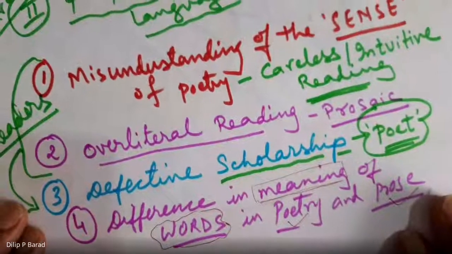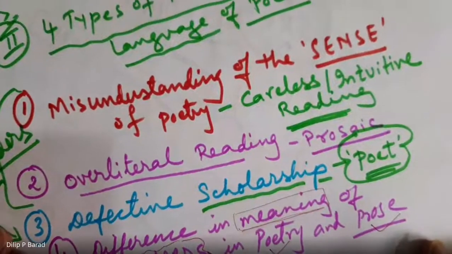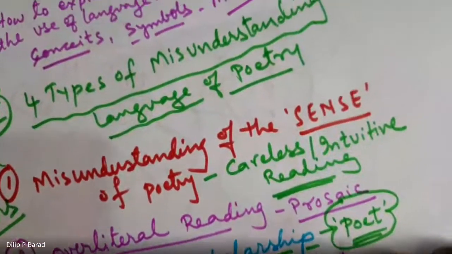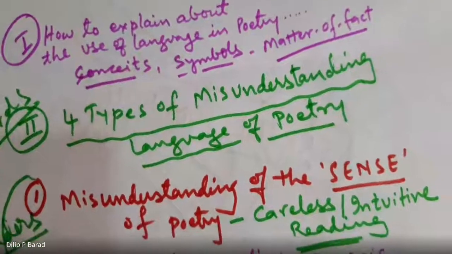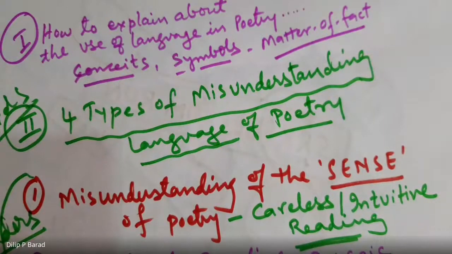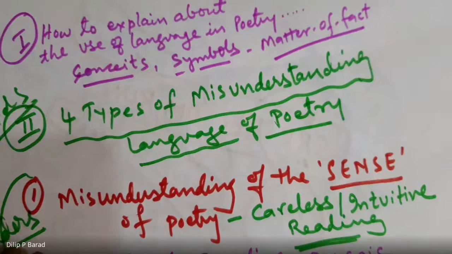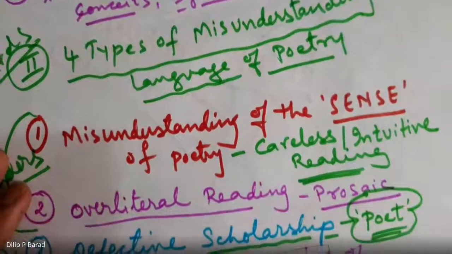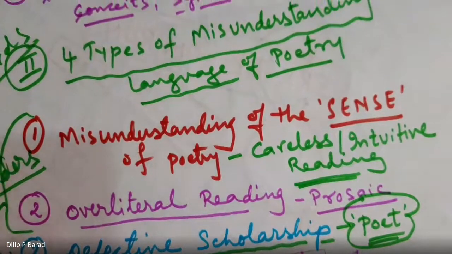So coming back here, four types of misunderstanding in the language of poetry. That is what I. A. Richards says. First one, misunderstanding of the sense of poetry. If I'm not getting the overall sense of the poem, it may happen when I am doing careless reading. I'm not doing textual close reading of the text.